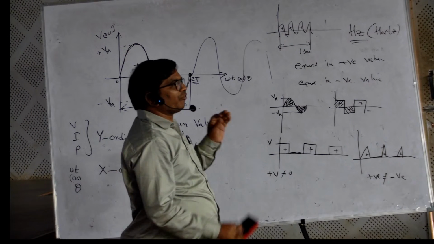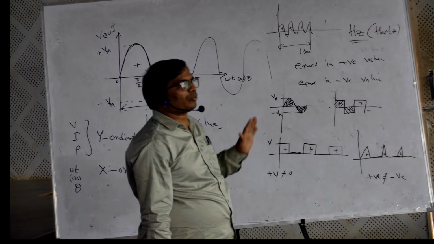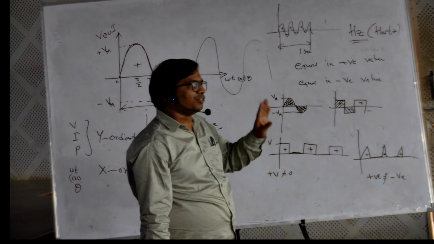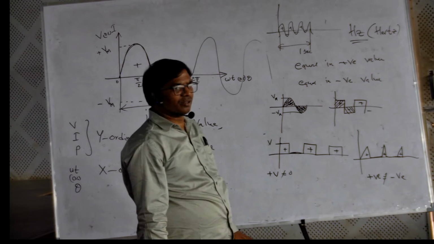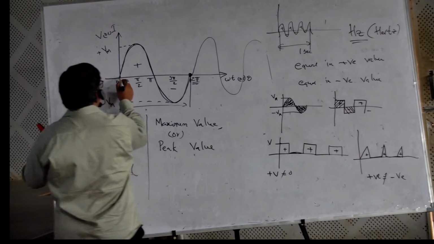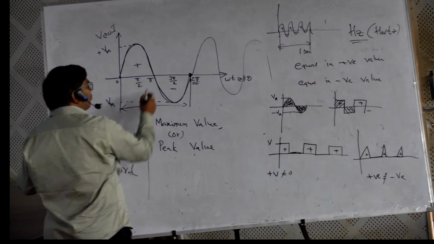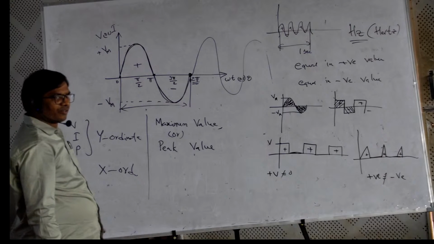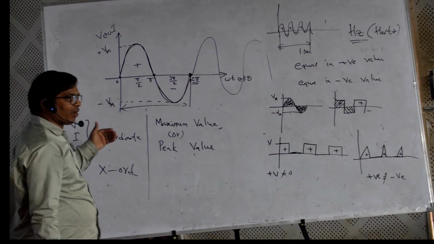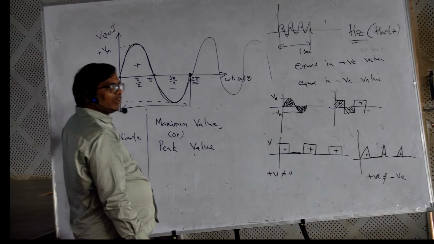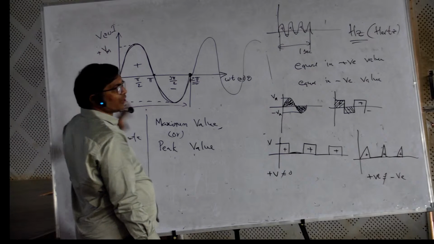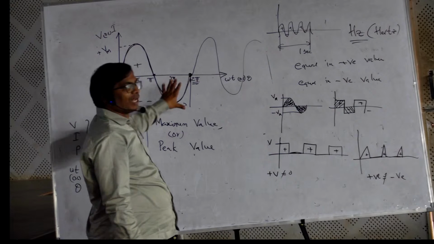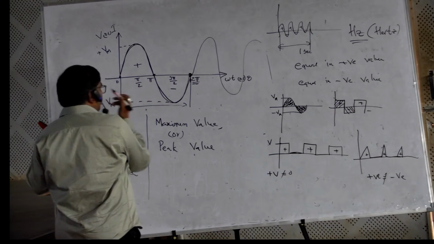So a waveform has a maximum value. A waveform has a 0 value. What is the value here? 0. At pi, 0. At 2 pi, 0. A waveform has a negative value, meaning negative maximum.